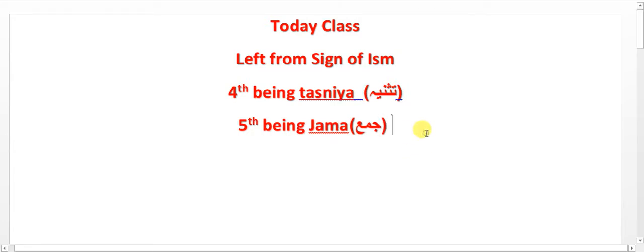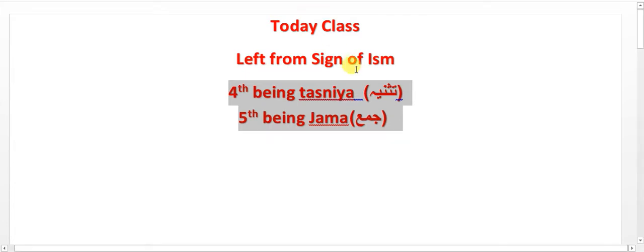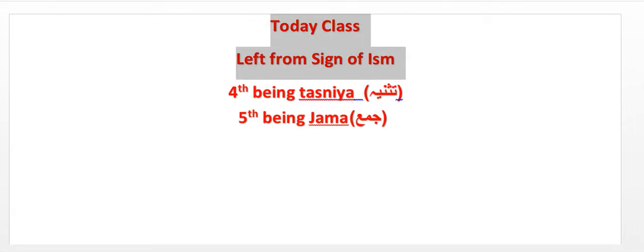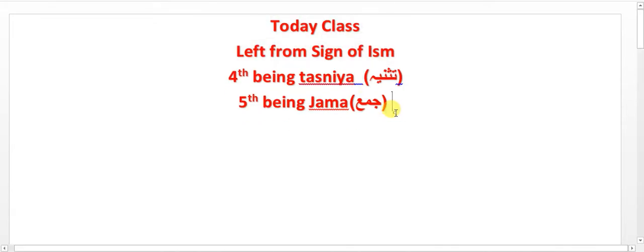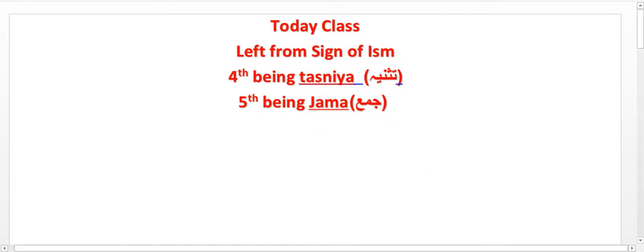Okay. So the 4th and 5th ones we have are tasniya and jama. Tasniya and jama are also signs of ism. This means a fail can never be tasniya as well as jama. Now the 6th one, being muzaf.